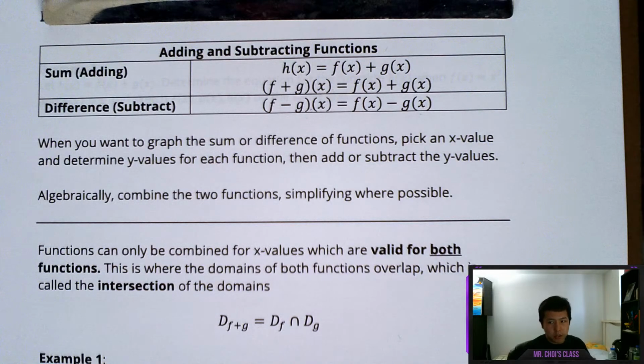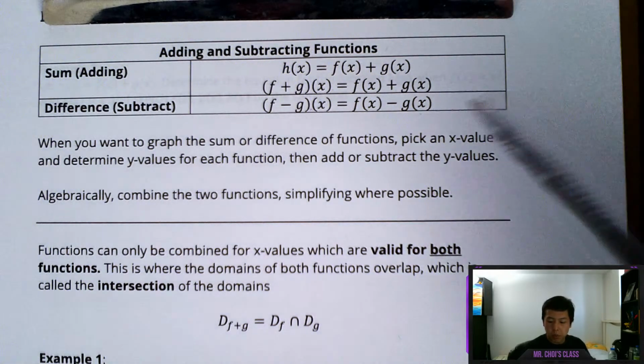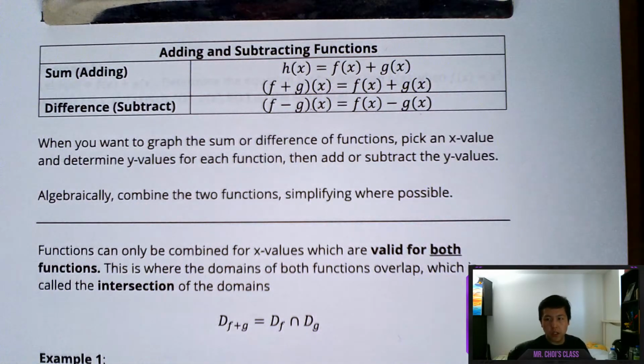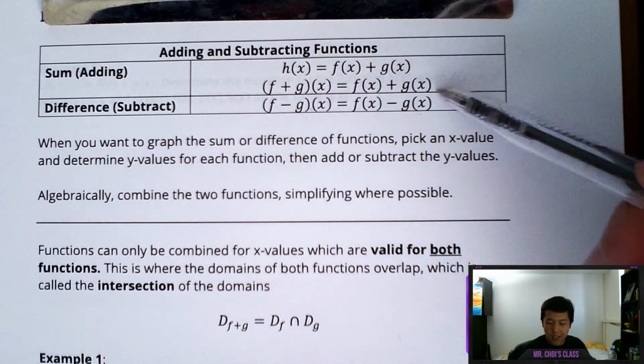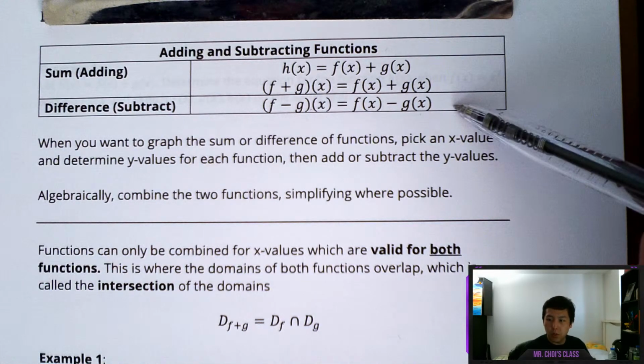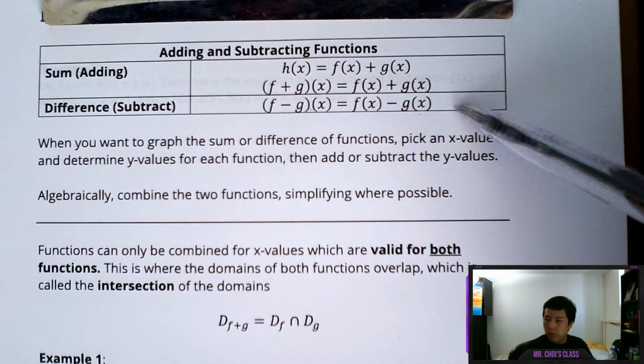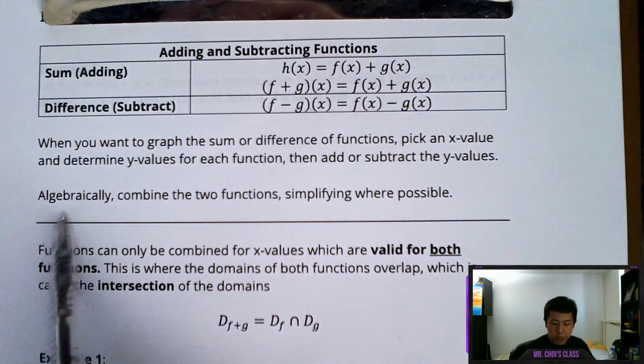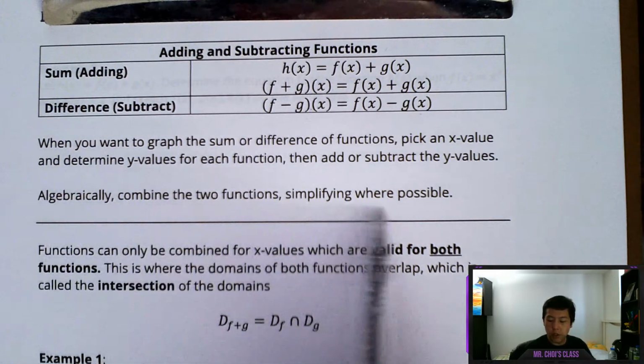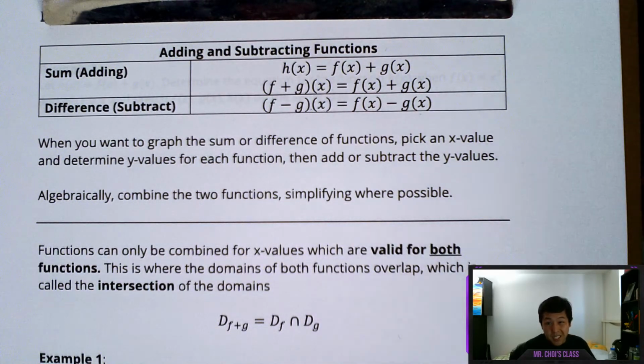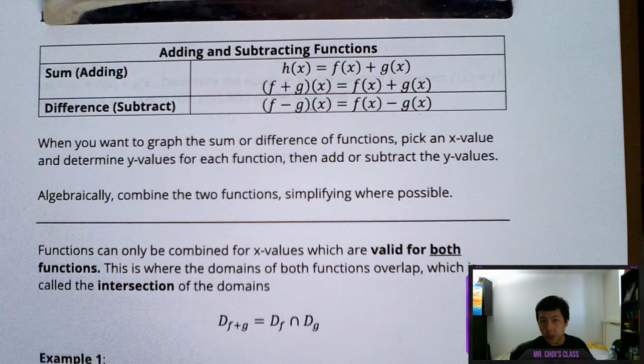So essentially, it's just saying pick x, plug it into the function, and add or subtract the result, which is exactly what you're doing within these equations, right? So that's pretty straightforward. Algebraically, it's just combine the 2 functions, simplifying where possible. Essentially, we're doing a lot of basic algebra here. So this first lesson should be pretty straightforward.